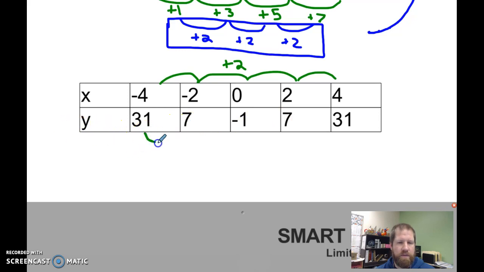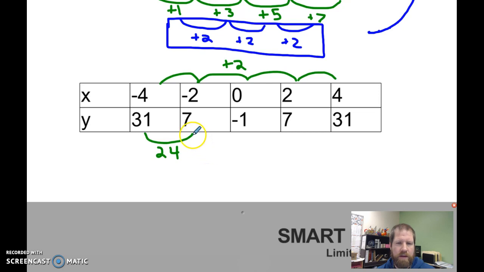So I go 31 to 7. Well, that is a decrease of 24.